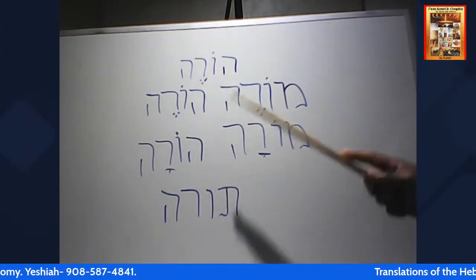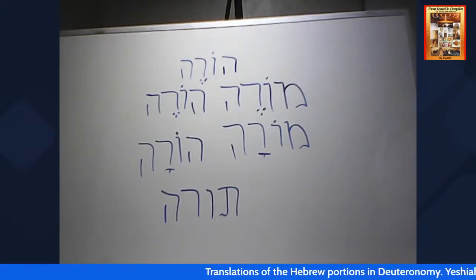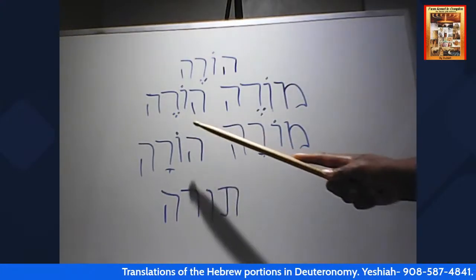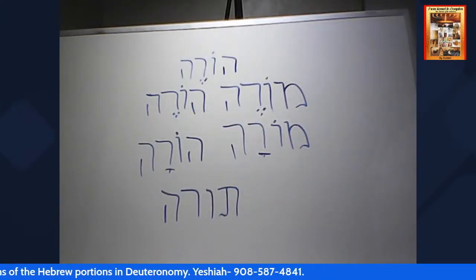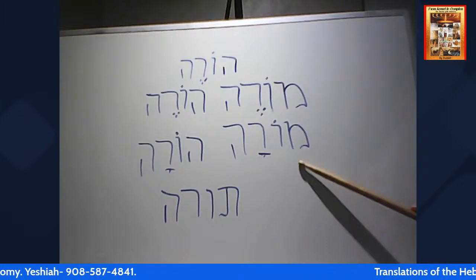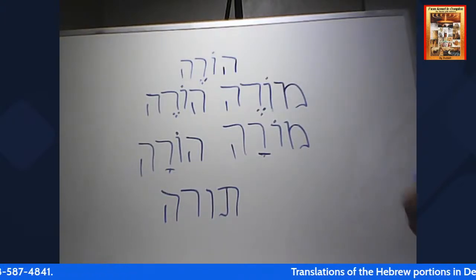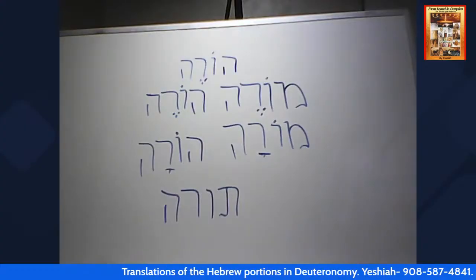So what do we see so far? Hore in root, meaning to teach, the verb. More, a teacher, a male one that is. Hore, in this case treated as a noun, the male parent. Then we have morah, meaning female teacher or a teacher that's a female. Then we have hora, a parent that's a female.